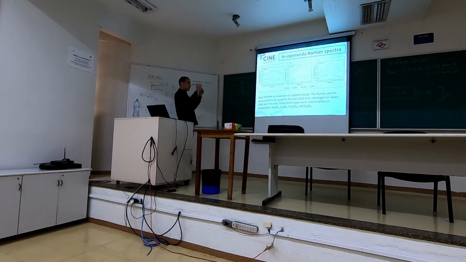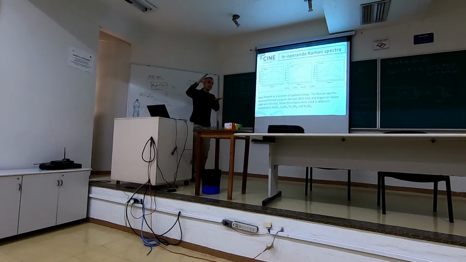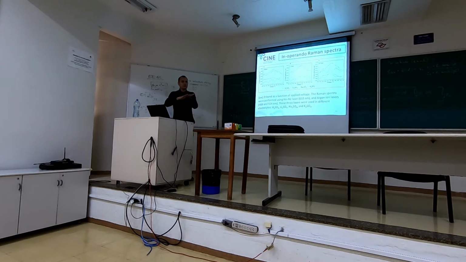Okay? I have been studying this point to better understand it. But maybe I have an initial model to explain that. By applying a potential to the operando Raman cell, we attract the cations to the graphite surface.